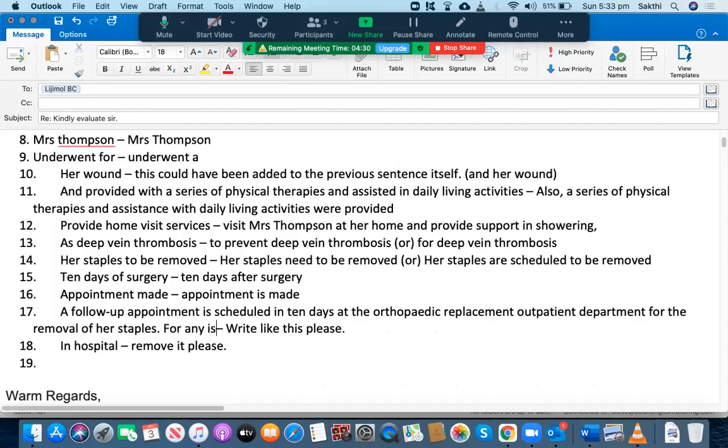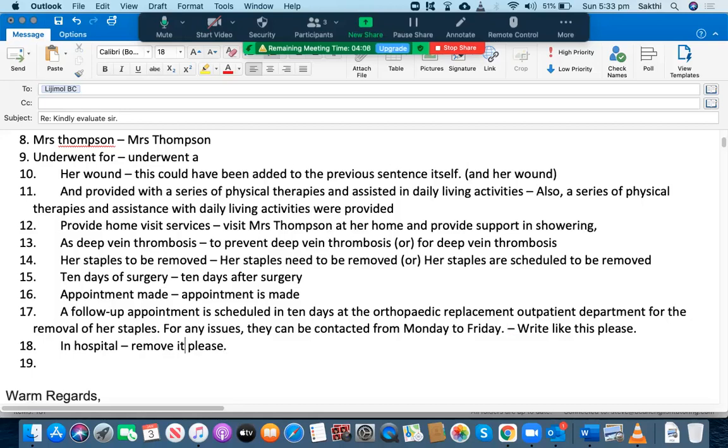For any issues, they can be contacted from Monday to Friday. That's it. For any issues, for any problems, this is definitely shorter than what you have written down, I believe.